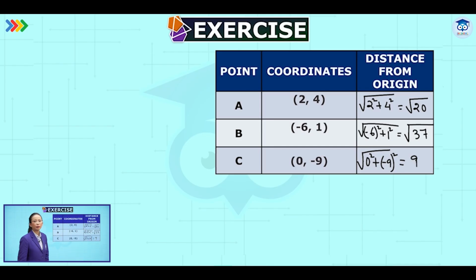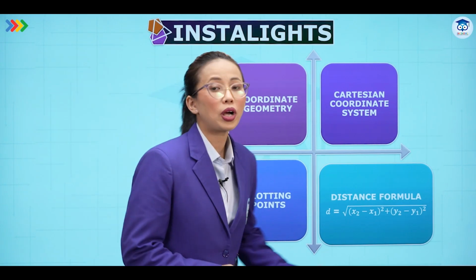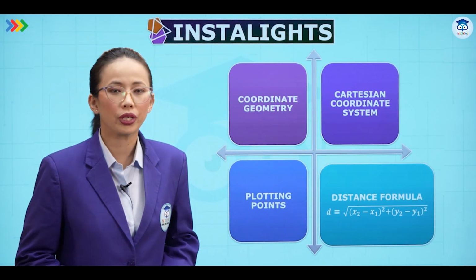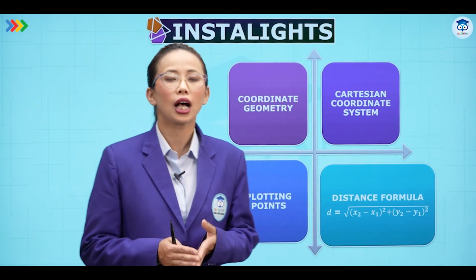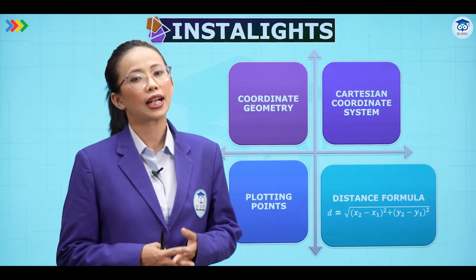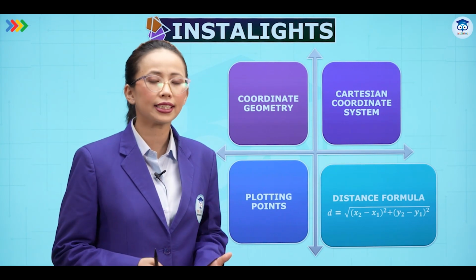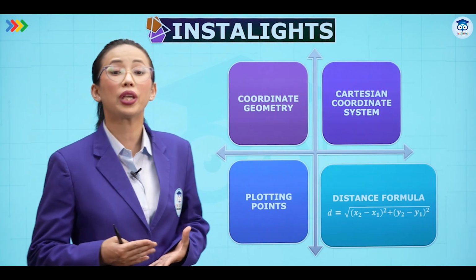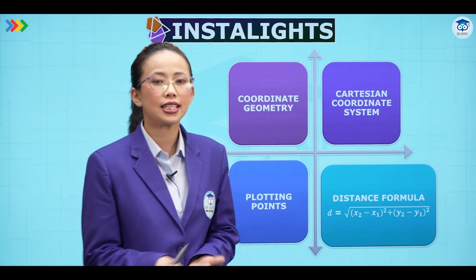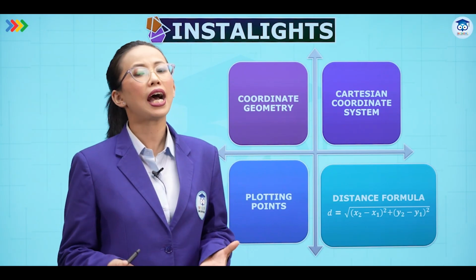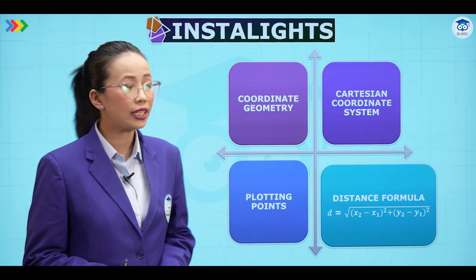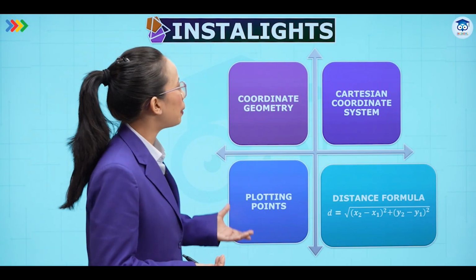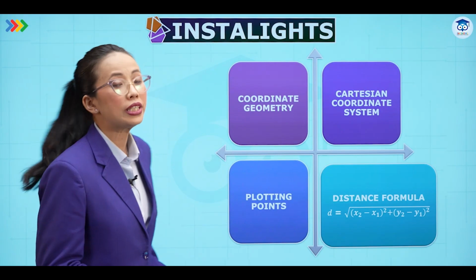This is very easy. So, let's recap what we have learned in this video. In this video, we have understood about the Cartesian plane consisting of the x-axis and the y-axis perpendicular to each other. X-axis is the horizontal line and the y-axis is the vertical line. We have also learned about the plotting of the points, right?